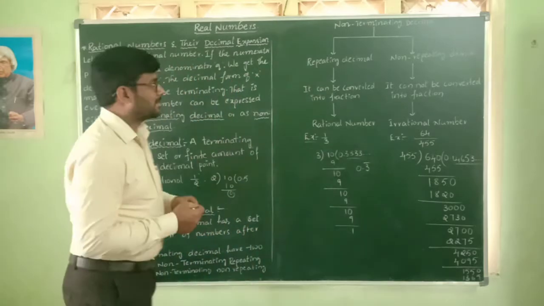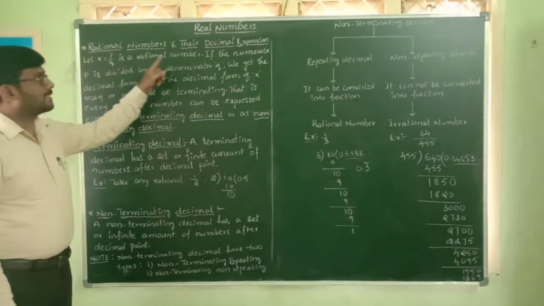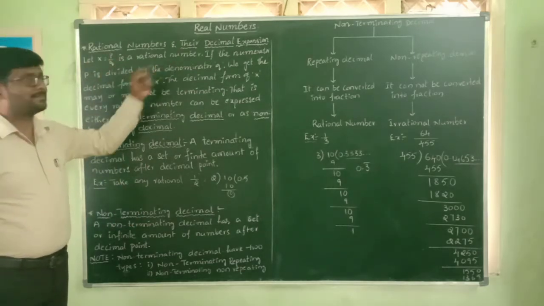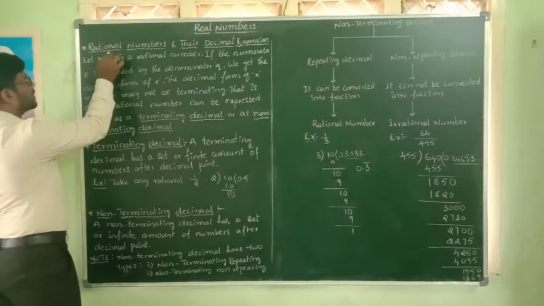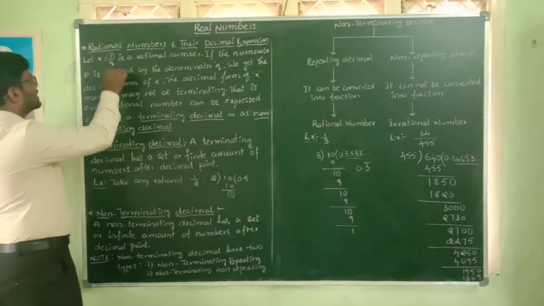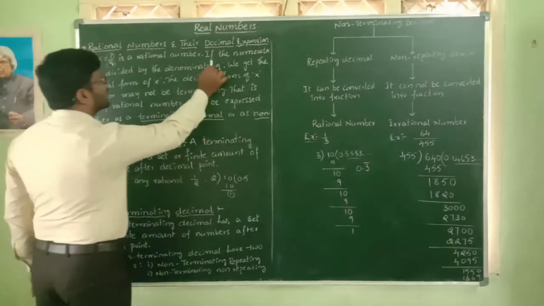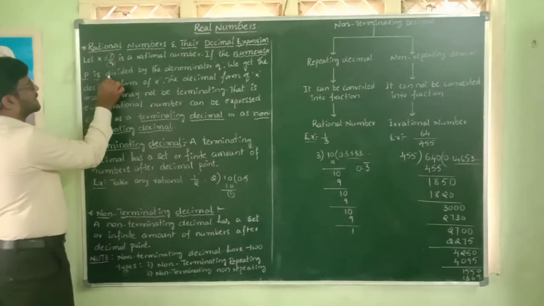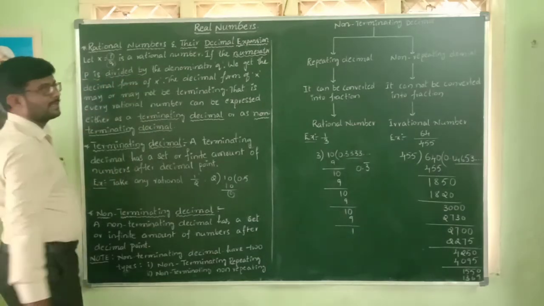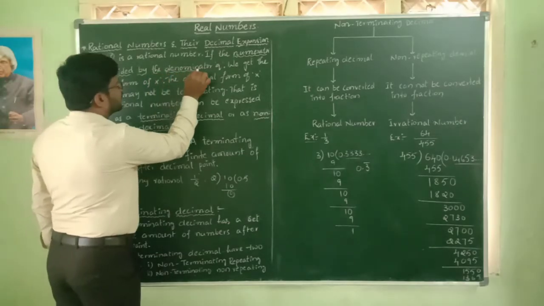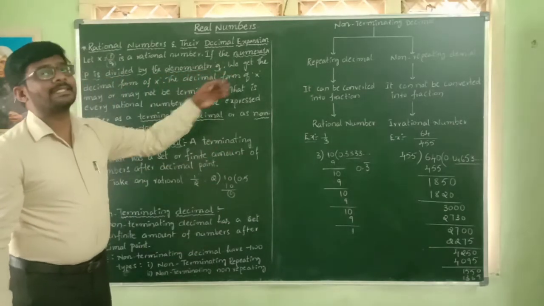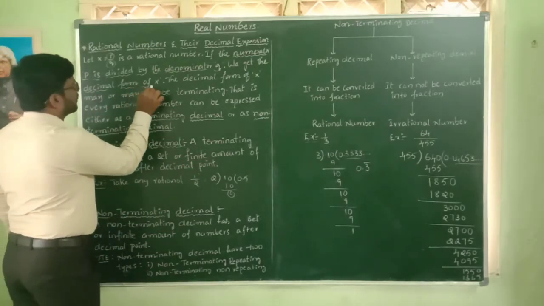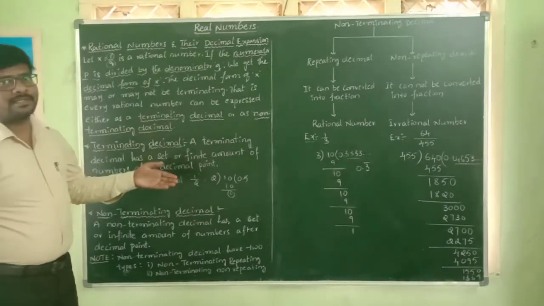Let us recall it once again. Rational numbers and their decimal expansion. Let x equal p by q be a rational number. What is your numerator, children? p. What is your denominator, children? q. If the numerator p is divided by the denominator q, we get the decimal form of x. x means the rational number here.